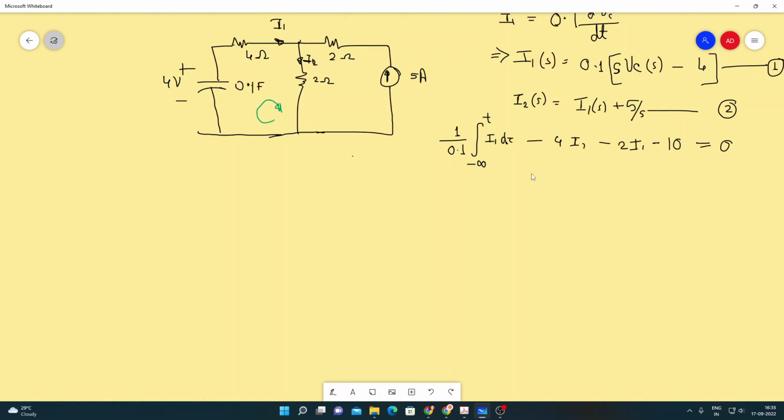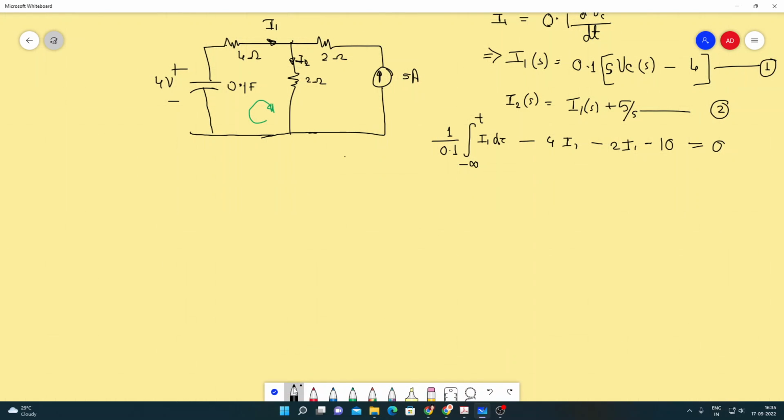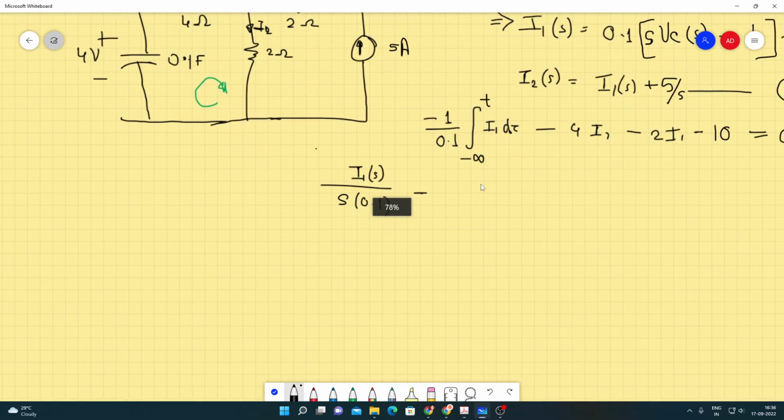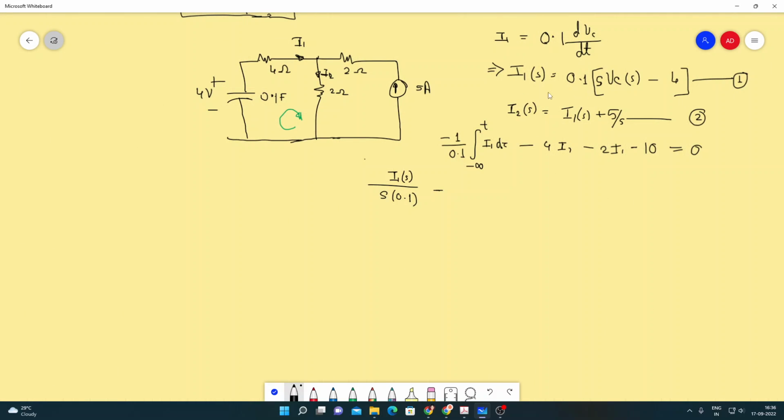So let's solve it. Taking the Laplace domain, we can write it as I1(s) by s into 0.1, minus, so this is integration of this term.